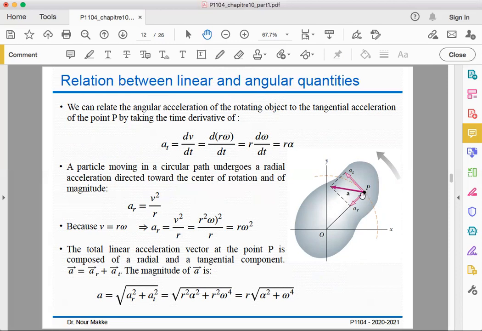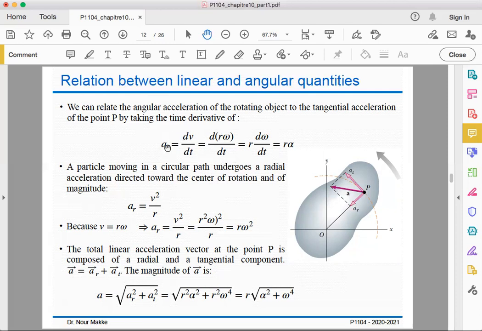It includes the radial component, which is always along the radial direction and pointing towards the center of the circle along which the particle is moving. And it also includes another component, which we call the tangential acceleration. This is responsible for the variation of the magnitude of the velocity as a function of time.